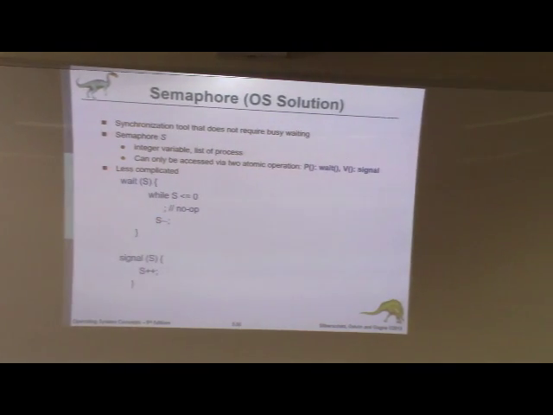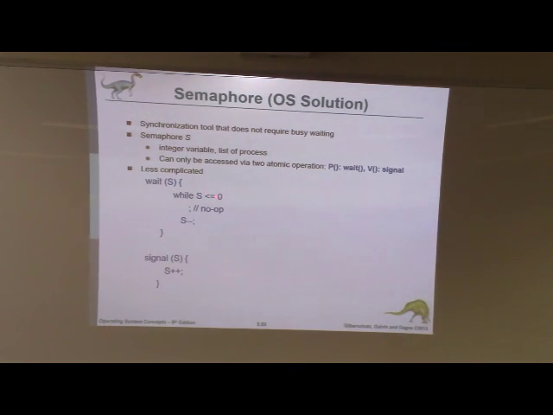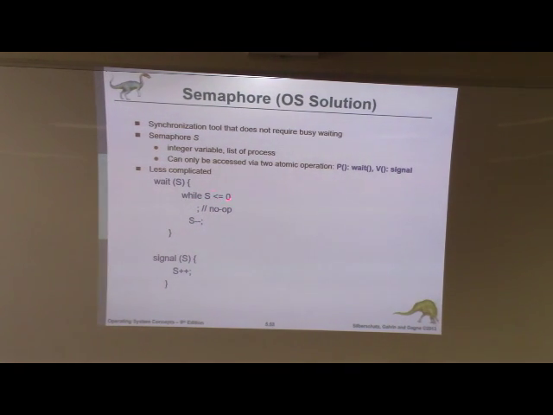As you can see, while S is less than or equal to 0, the while loop keeps it from using the semaphore, the mutex.